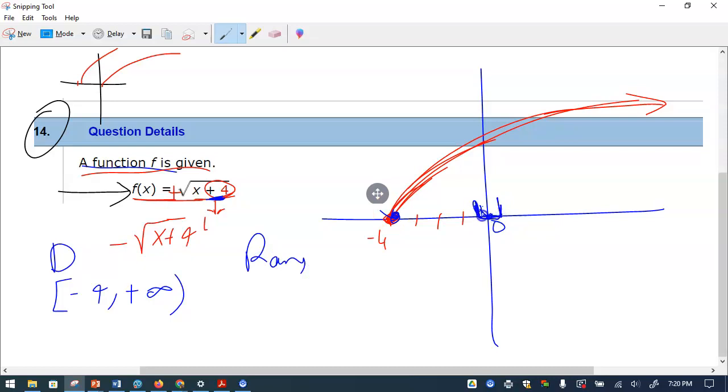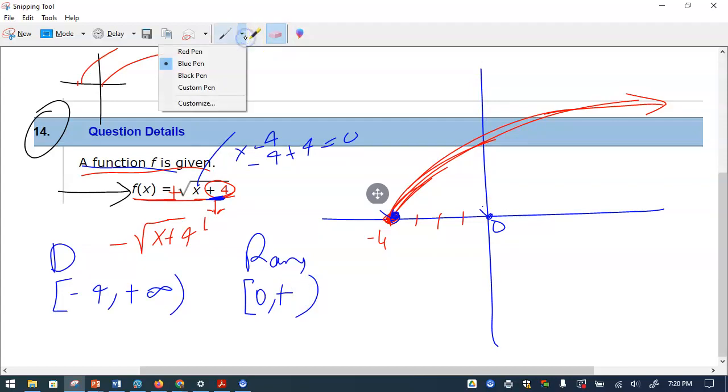It begins at 0, because when you put x equals -4 here, it becomes -4 plus 4, which is 0. So 0 is the lowest it can go. The range is 0 to plus infinity, and it goes up all the way like this. Hope that clarifies.